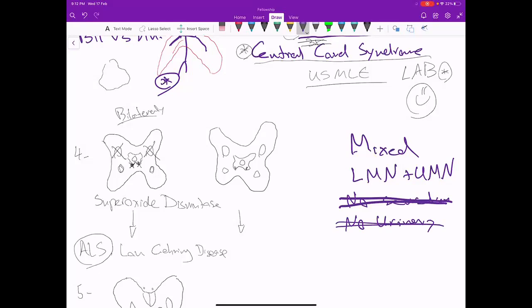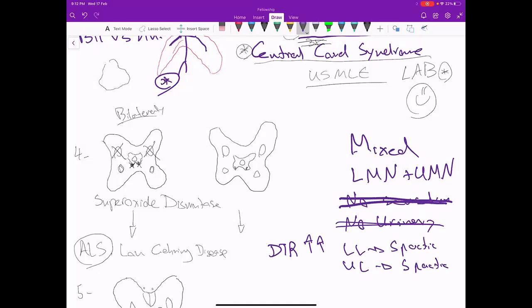What does that mean? Let's say you do reflexes. Deep tendon reflexes are brisk, so you have hyperreflexia. In some parts of the body, let's say the lower limbs, you have spastic paralysis. Even the upper limb, let's say spastic paralysis.